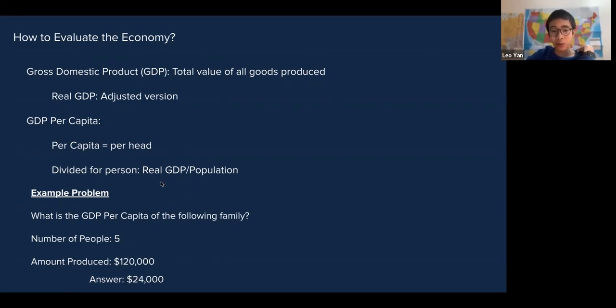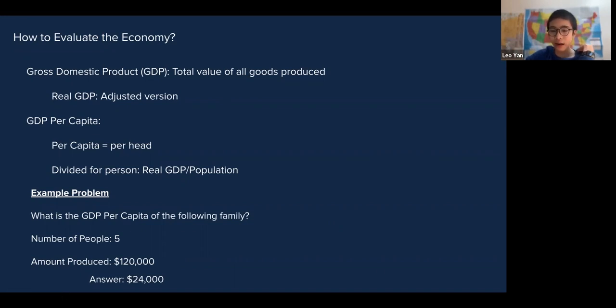So if we plug it into this formula, then it will be 120,000 divided by 5, and the answer will be $24,000. So what this means is that supposedly, assuming that every single person produces the same amount of money, and that's extremely unlikely again within a country or even a family, every single person will produce $24,000 in terms of the value that they produce.